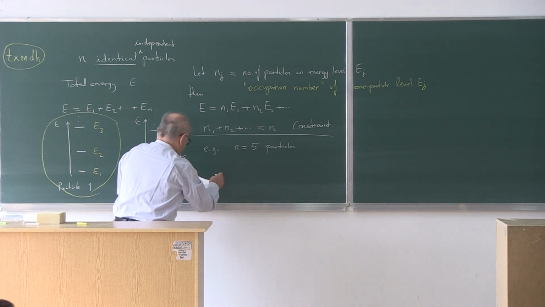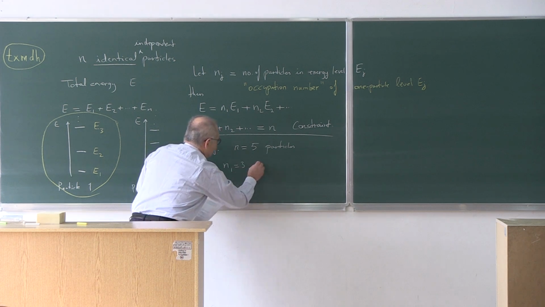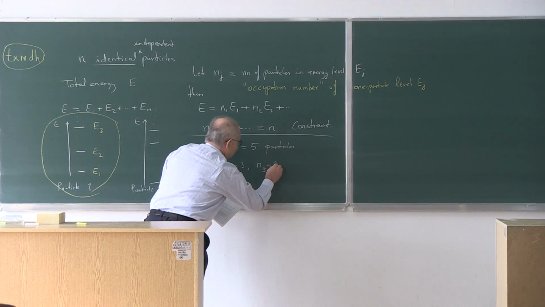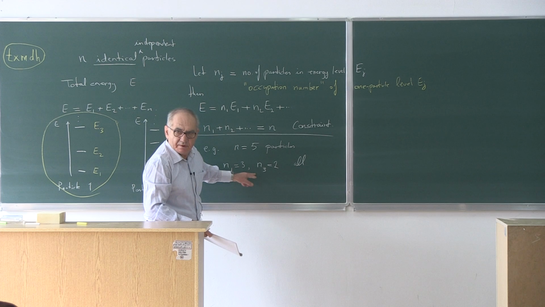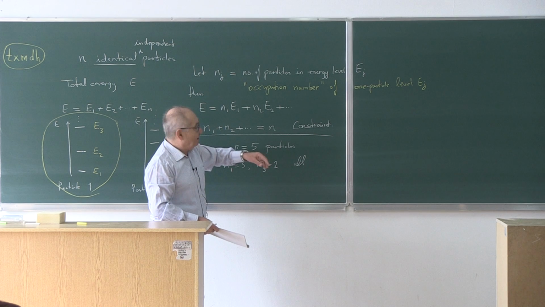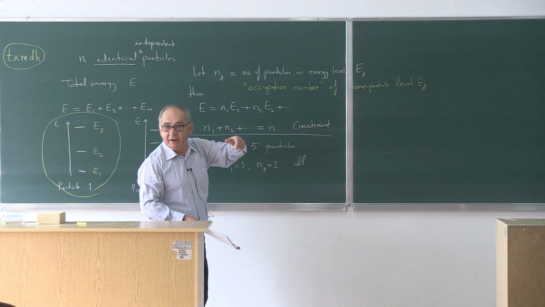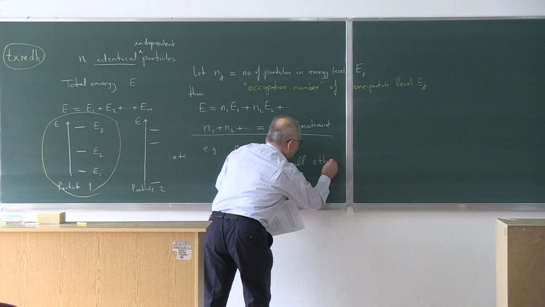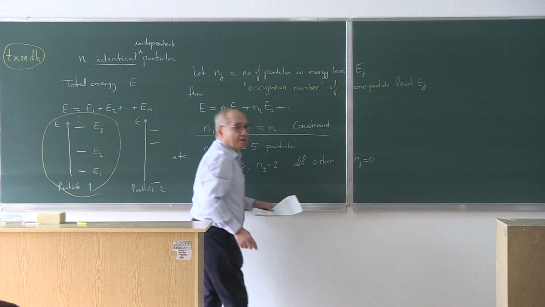Let us say, in our example, N1 is 3 and N3 is 2, because 3 plus 2 is 5, and we have just 5 particles. Occupation numbers of all the remaining levels must be 0. All other Nj must be 0.